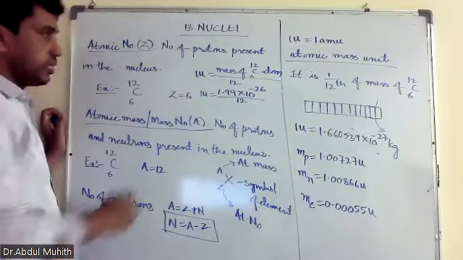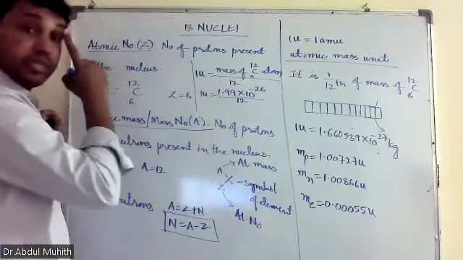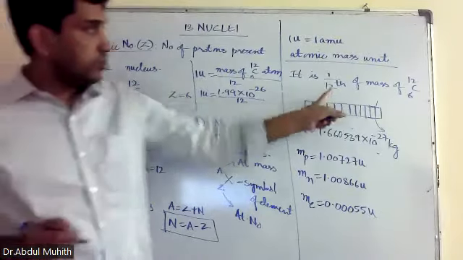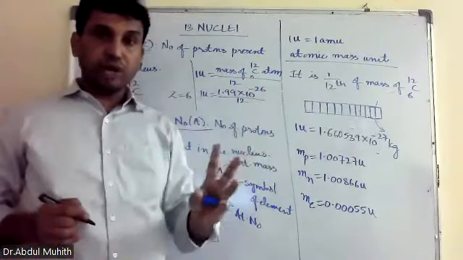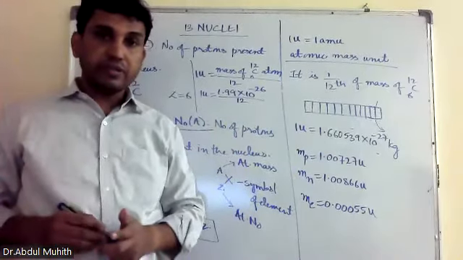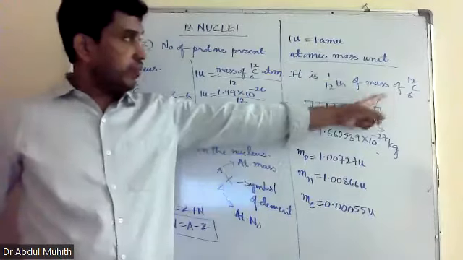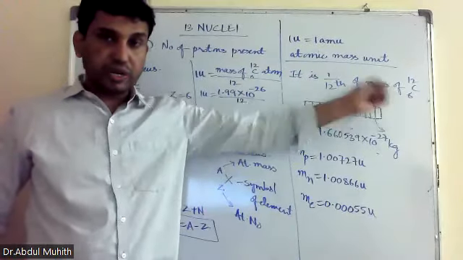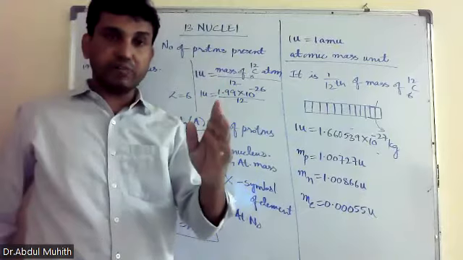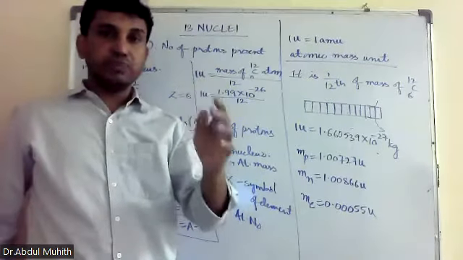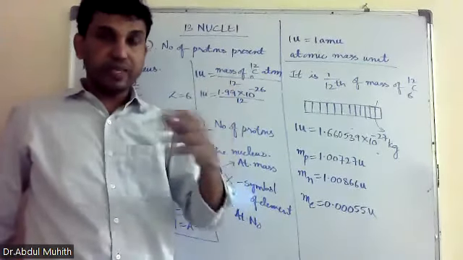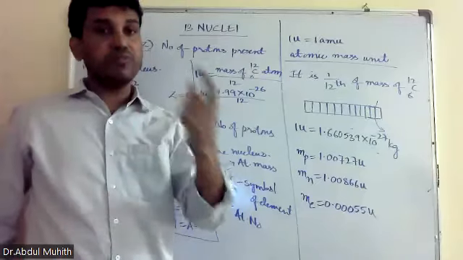We want to calculate the mass of one atom. If I take 12 grams of carbon, how many atoms are there? Go to the mole concept, grade 11. If I take 12 grams of C-12, I will have Avogadro number of atoms, 6.022 into 10 to the power of 23. Now I want to find the mass of one atom.